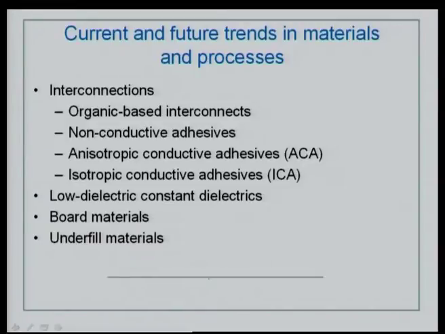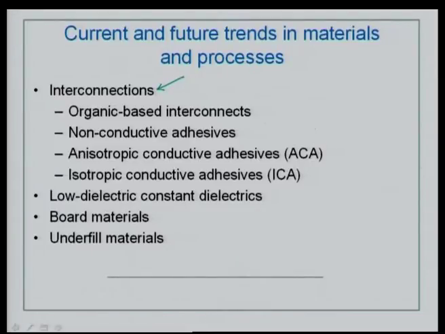Now, finally, the materials part of it and the processes in first level packaging and second level packaging are defining today the roadmaps in industry. New materials are being proposed, new materials are being tried by industry to generate roadmaps that are challenging for the industry, especially in the area of interconnects in the first level and second level.